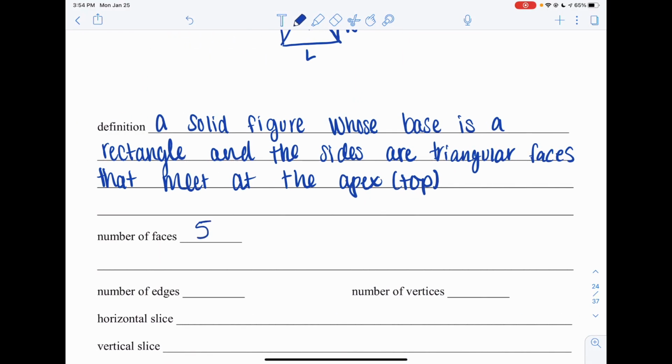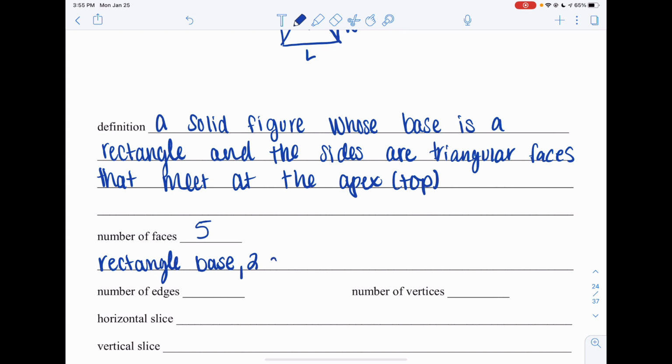And this time, what the faces are going to be represented by are a rectangular base, or a rectangle base. Okay. And since our rectangles are different measurements, meaning the front and the back and the left and the right are different measurements, that means that our triangles are also going to be different measurements, but they're in sets, okay? Because the left and the right are going to be the same, and the front and the back are going to be the same.